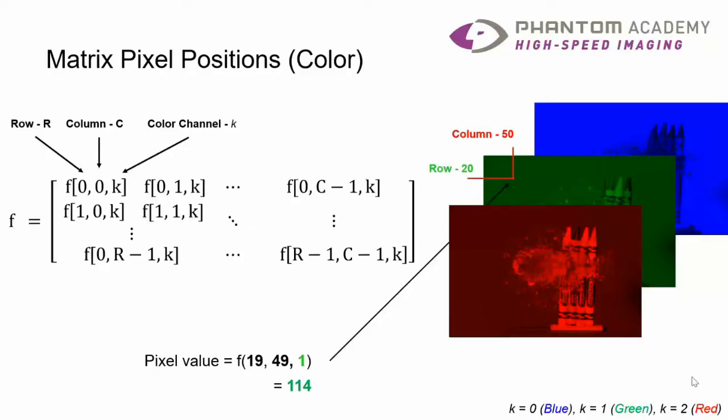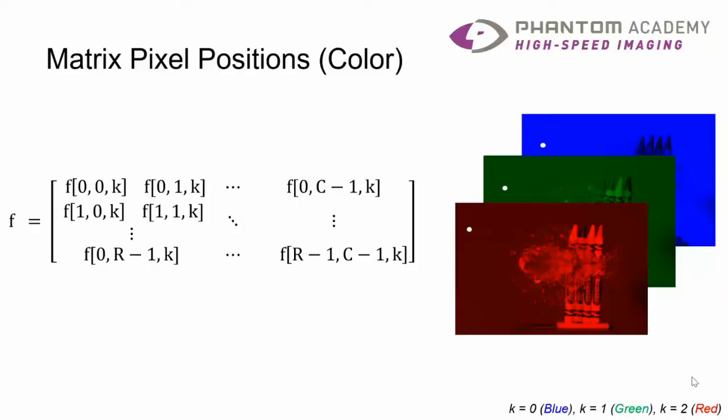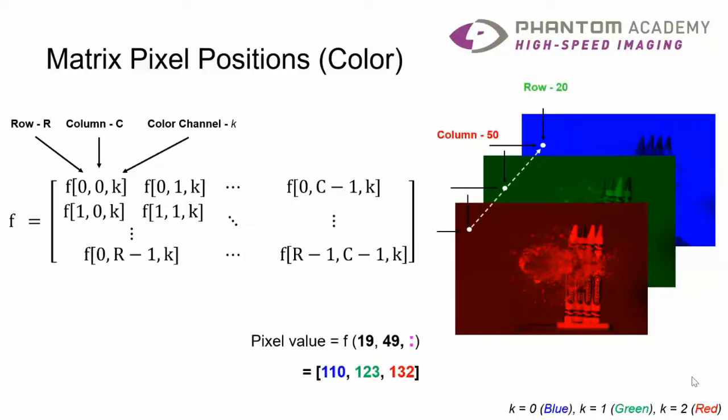Let's say you had a stack of images, color channels here, and you want to know the value of the same pixel in the stack. Again, we have the same format. Let's say we wanted to know column 50 and row 20 again. All we'd have to do is call those values again, f of 19, comma 49, and then we would just put a colon here that says, I want all the values in this particular element.